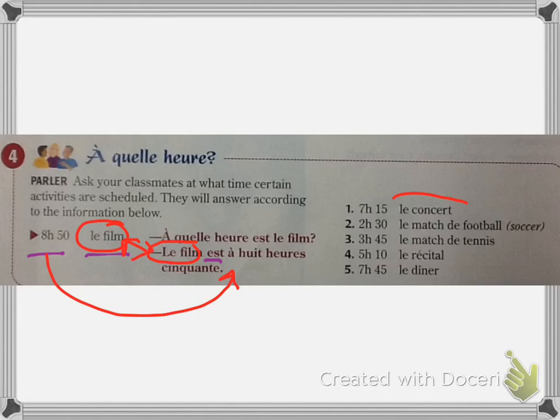3. À quelle heure est le match de tennis? Le match de tennis est à 4h moins le quart. Le match de tennis est à 3h45. 4. À quelle heure est le récital?